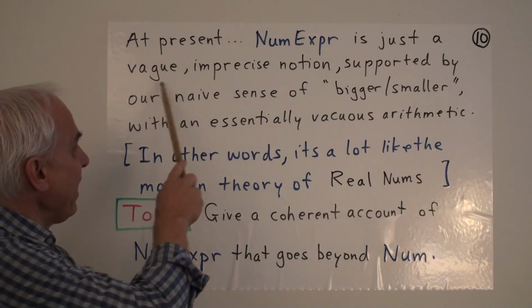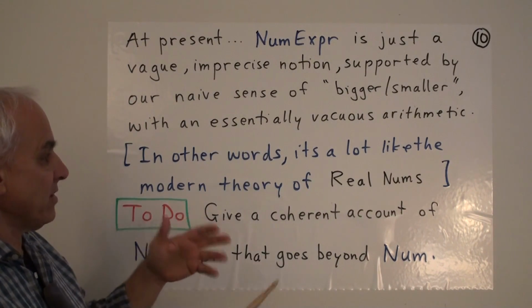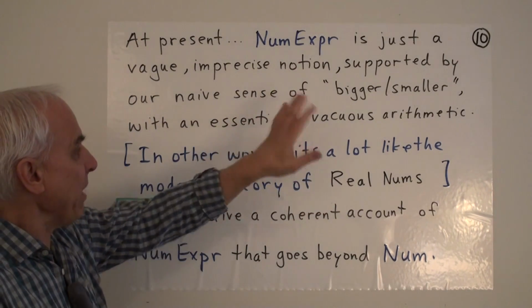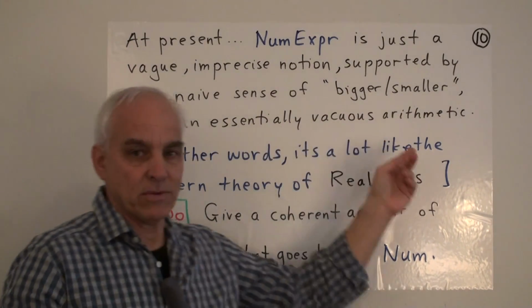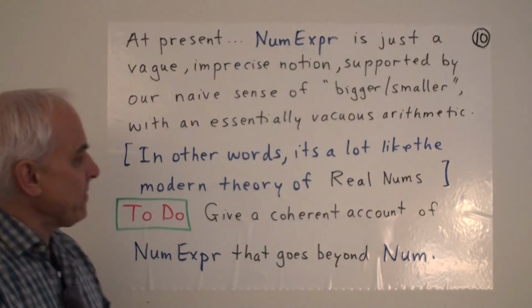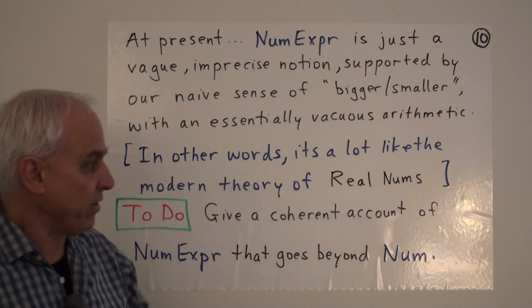It's really just a vague, imprecise notion at this point, supported by some examples that we can write down, and a naive sense of bigger and smaller. And really, essentially a vacuous kind of arithmetic. In other words, it's a lot like the modern theory of real numbers.